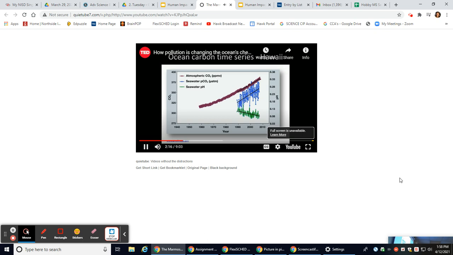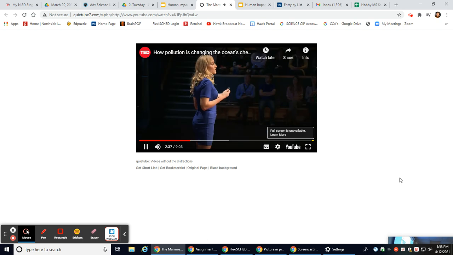The line underneath shows the increasing concentrations of carbon dioxide that is dissolved in the surface of the ocean, which you can see is increasing at the same rate as carbon dioxide in the atmosphere since measurements began. The line on the bottom then shows the change in chemistry. As more carbon dioxide has entered the ocean, the seawater pH has gone down, which basically means there has been an increase in ocean acidity.